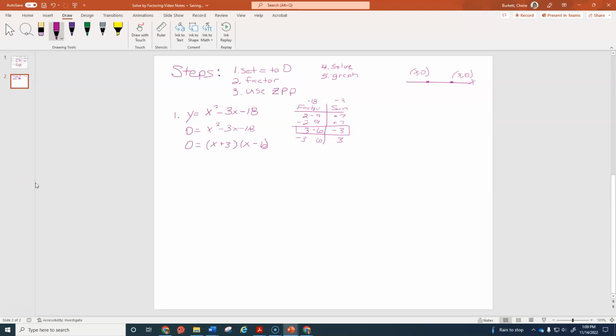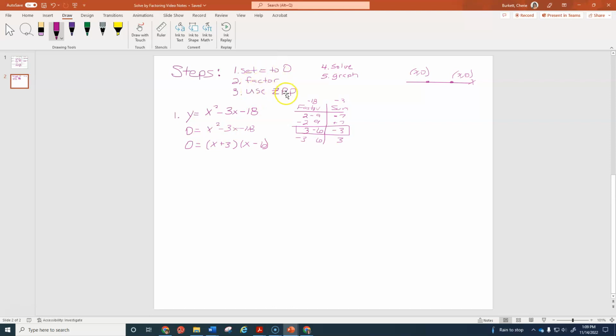That will ensure that when I multiply those two out, I get the correct product. A positive 3 times a negative 6 gives me negative 18, and a positive 3 and a negative 6 give me a sum of negative 3. So I finished step 1.